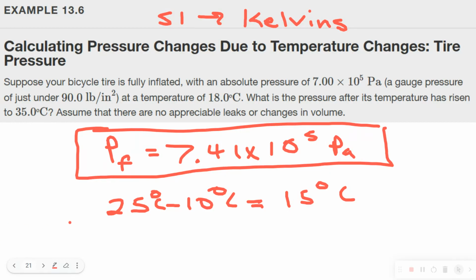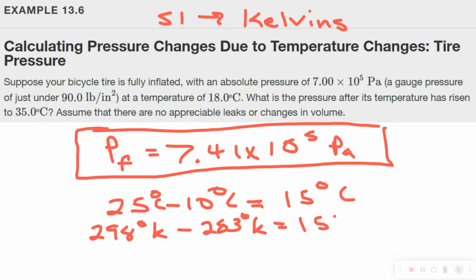Is that 298? Yeah. 298 degrees Kelvin minus 10 degrees, well, that'd be 283, right? 283 degrees Kelvin. Well, that's still a difference of 15 degrees Kelvin. So whenever you do delta T, and that's part of the formula, you're okay.